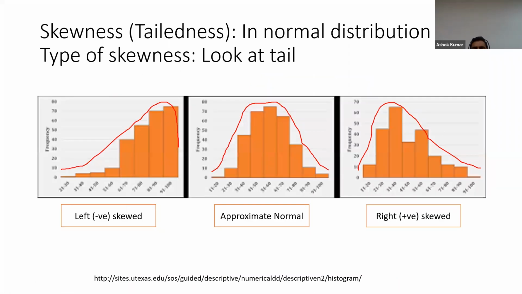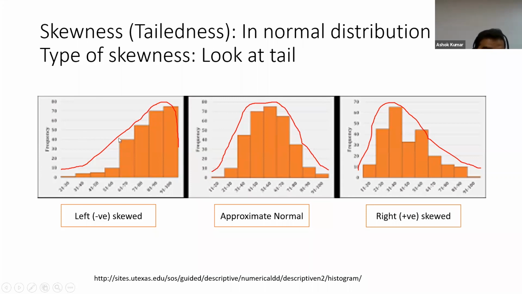When we talk about skewness and the histogram of quantitative or continuous data, what we see on the left side is that the major observations are far from the y-axis, and you can see the tail is towards the left side.